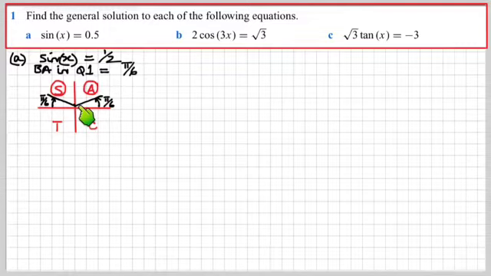Then I mark in my little angle here. That's a pi on 6 from the horizontal in quadrant 1, and it's pi on 6 from the horizontal in quadrant 2. Okay?